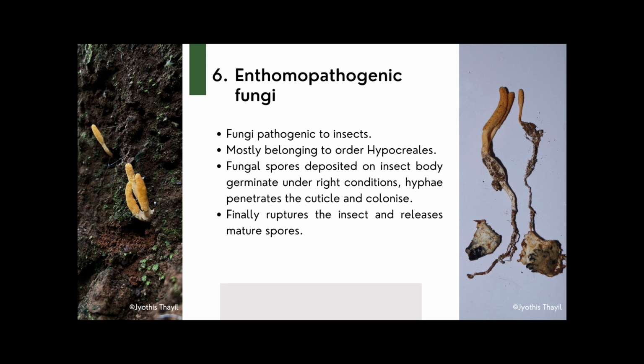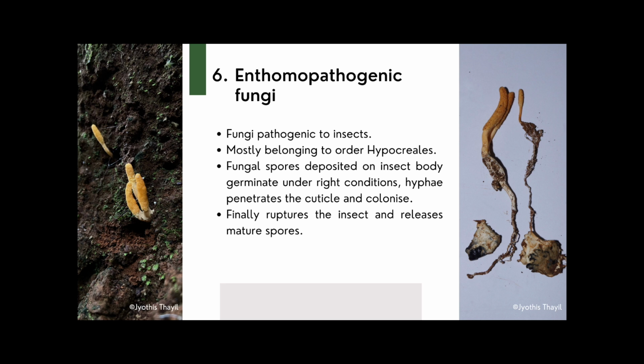So the insect body is penetrated by the fungi, and then the fungi will colonize the inner side of the insect slowly and steadily. During this period, some fungus will control the insect.